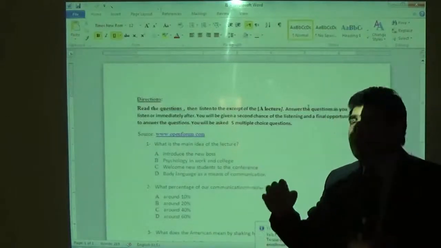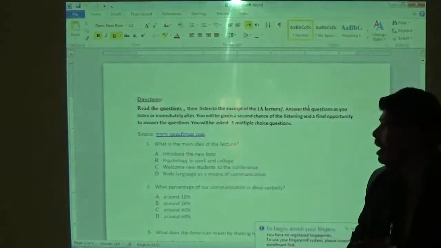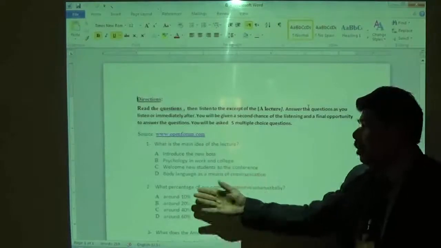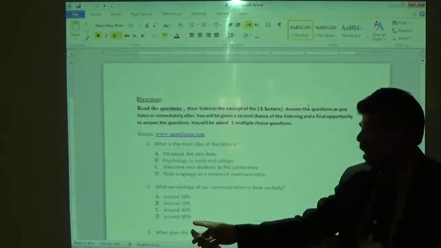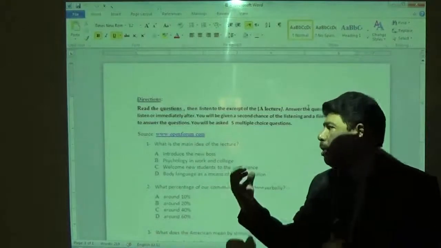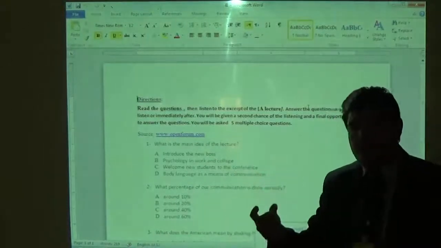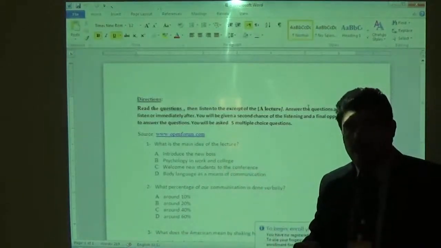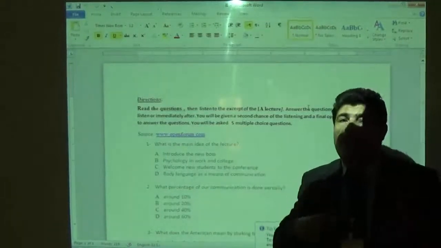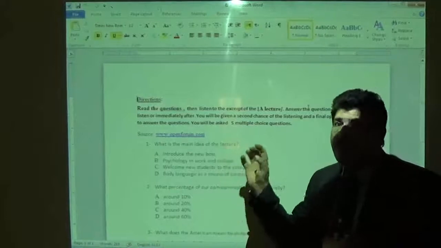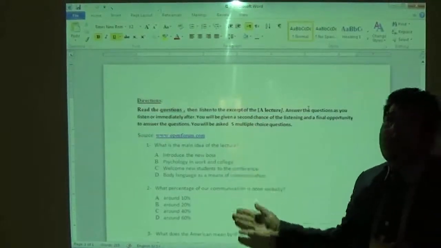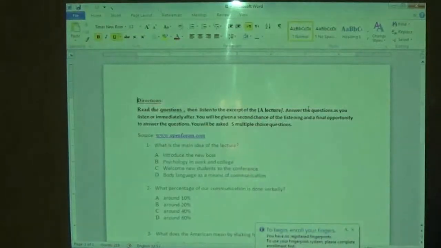When he sees this in the listening, he is going to ask you about it, about the main idea, about percentages if you have that, and the feeling. Focus also on the feeling of the narrator and the people in the listening. When you listen, focus on how they feel, because he may ask you about their feelings. So the first part of the listening will be functional like this.